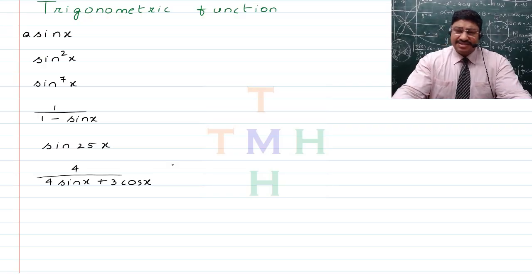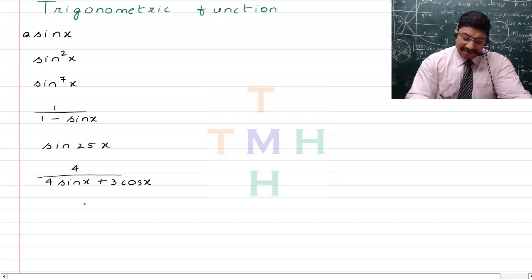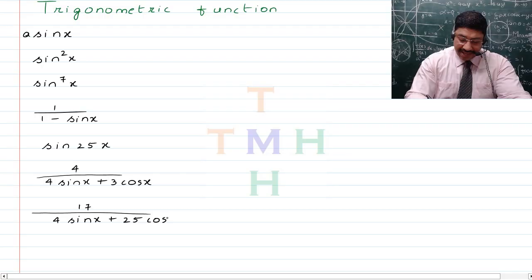Now after this, we can even have power functions of such linear functions in the denominator. You can have something like 17 divided by 4 sine x plus 25 cos x, which is raised to the power 3.